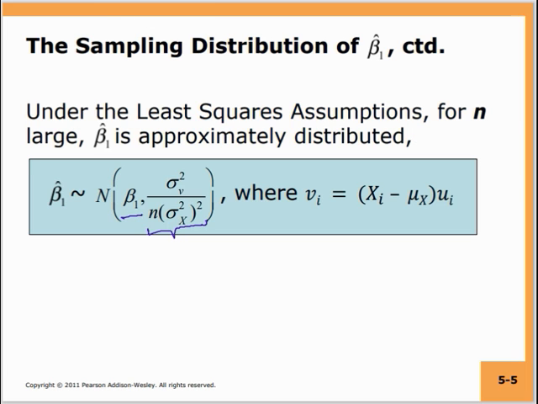We had not looked at how it is derived, but basically the variance of beta 1 hat is given by this formula, where sigma square v is the variance of v i equals x i minus mu x multiplied by u i, and the denominator is the square of the variance of x multiplied by n. So this is the variance of beta 1 hat that it will tend towards in large samples. This is the sampling distribution of beta 1 hat.